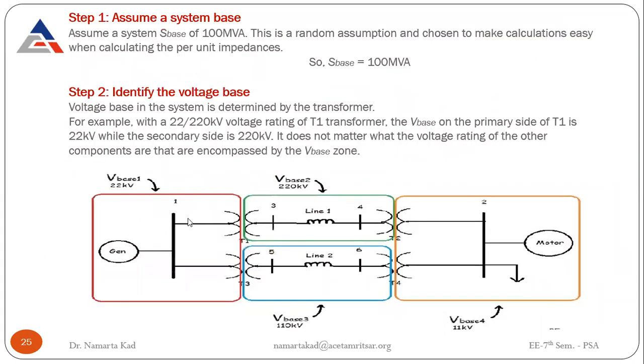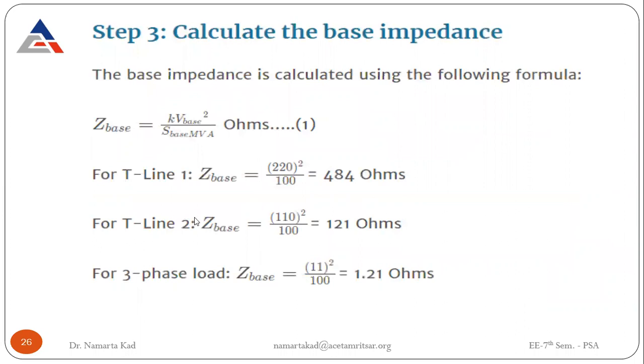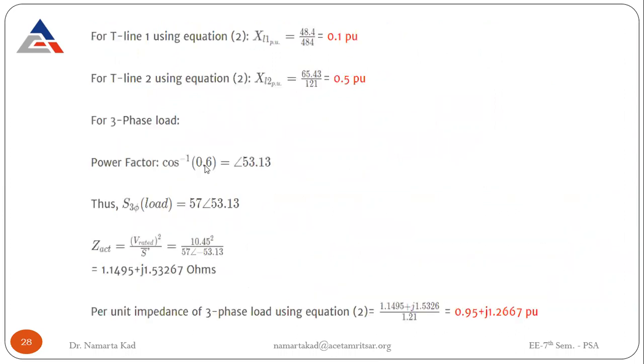Now just come to this slide. Here it is. The per unit value of reactance for transmission line 1 is 48.4 divided by 484. This is the actual value that is given in the question, and this is the calculated base value, which gives you 0.1 per unit.